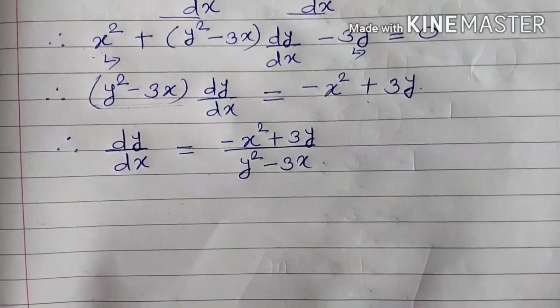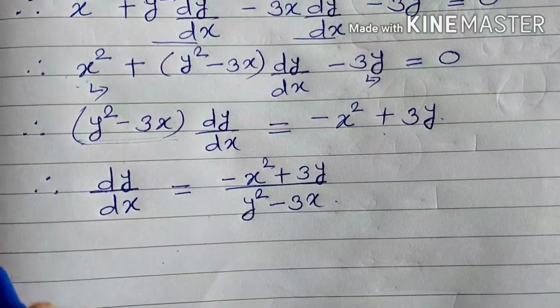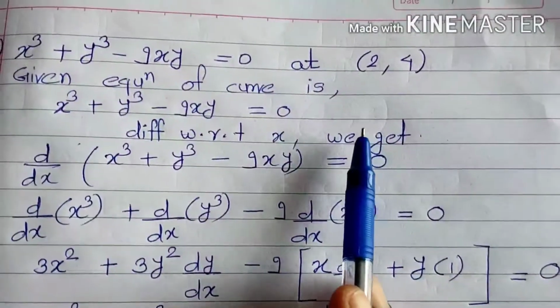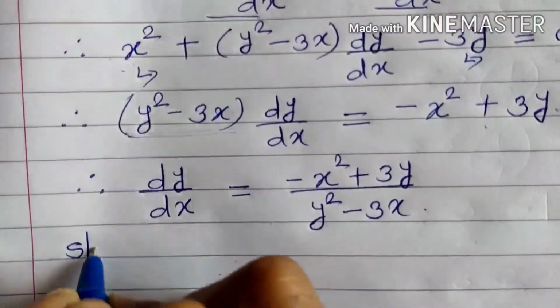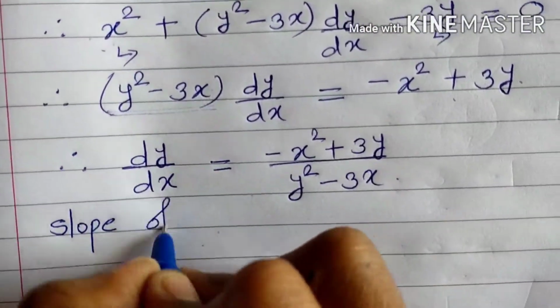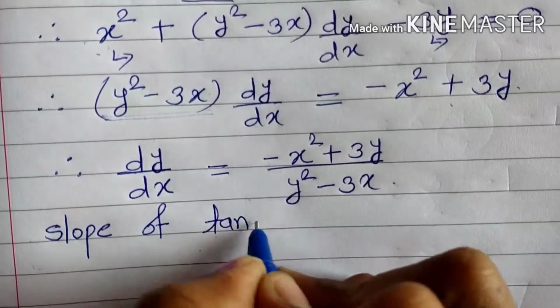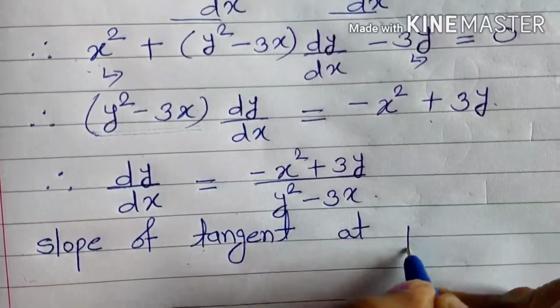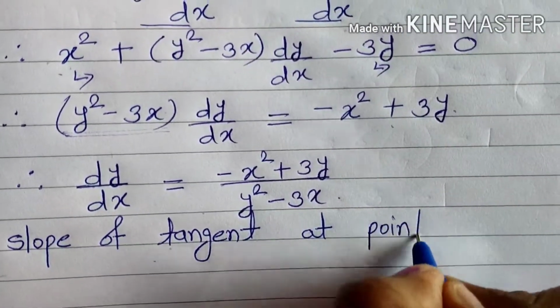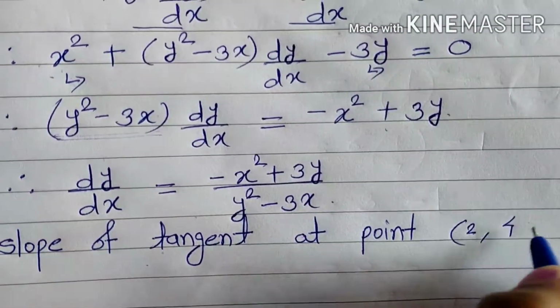Now slope of tangent at point 2, 4. 2, 4 is our given point. So slope of tangent at point 2, 4.